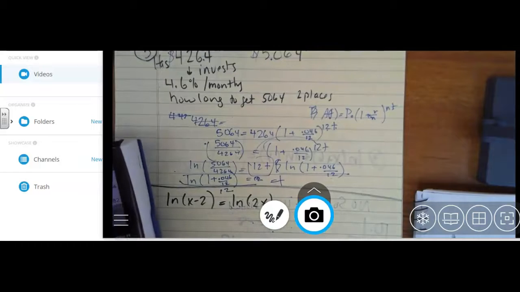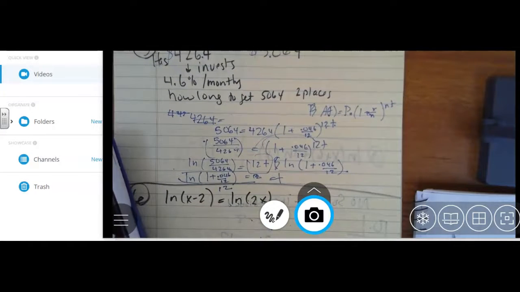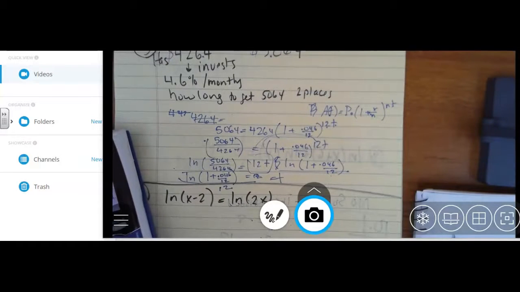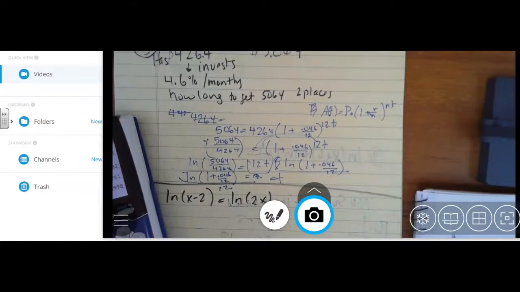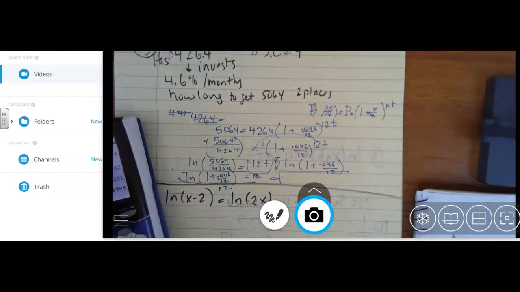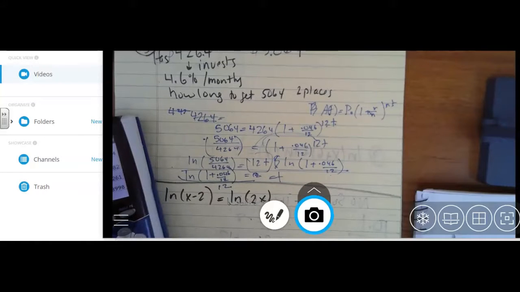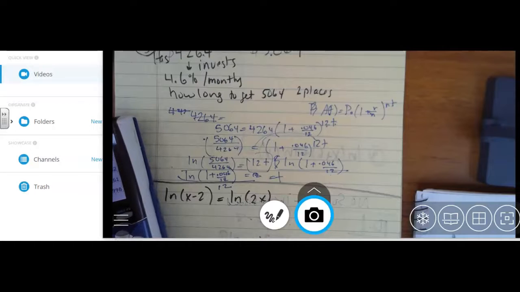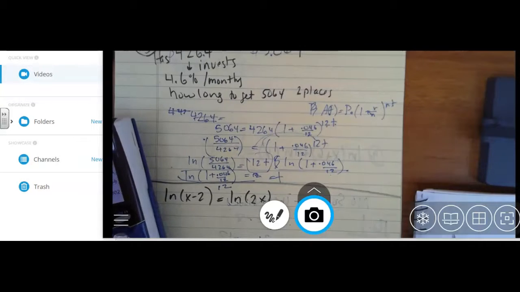Okay, so put that in our calculator, and we're going to get the natural log of 5064 divided by 4264. We get that answer, 0.117. Now we divide that by ln of 1 plus 0.046 divided by 12, close parentheses. Okay.